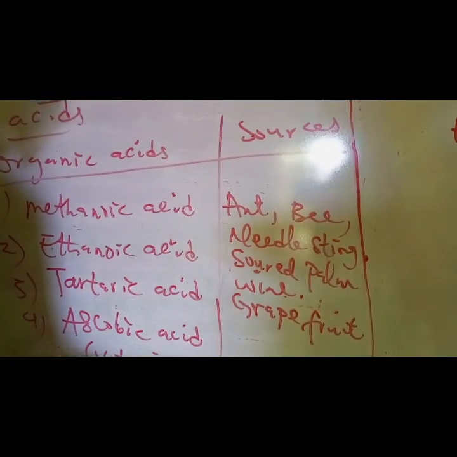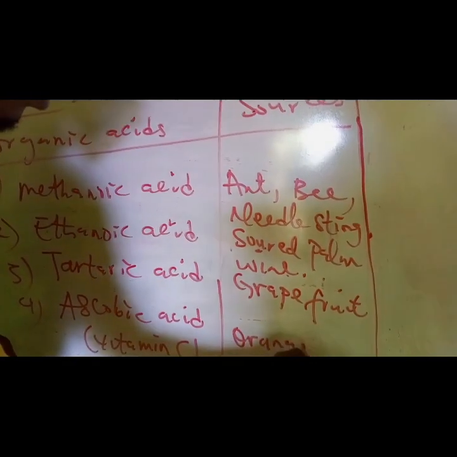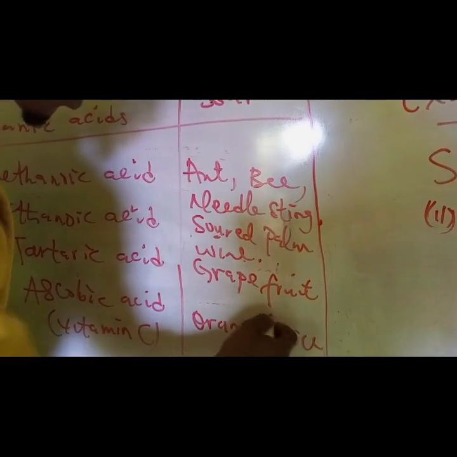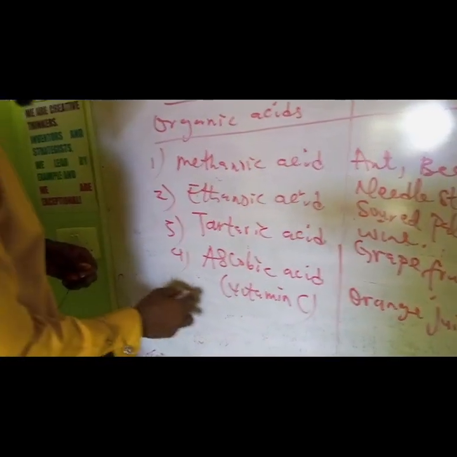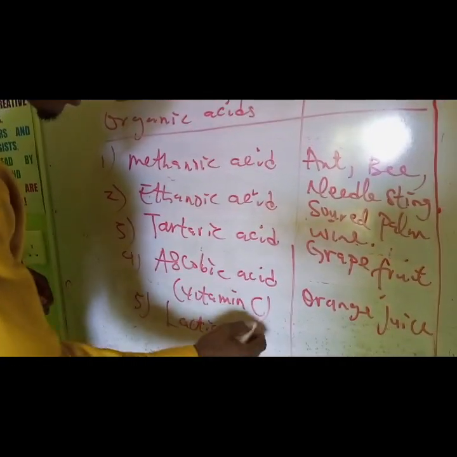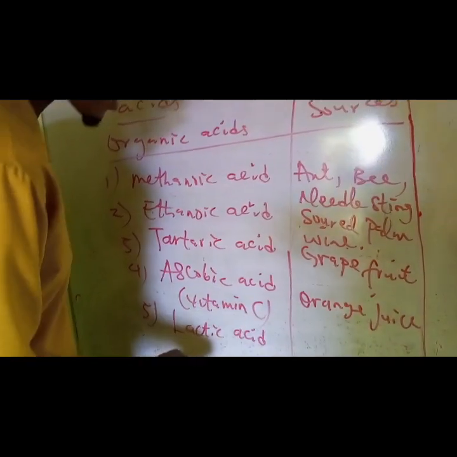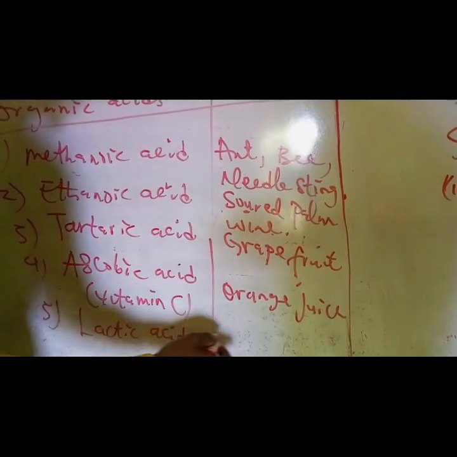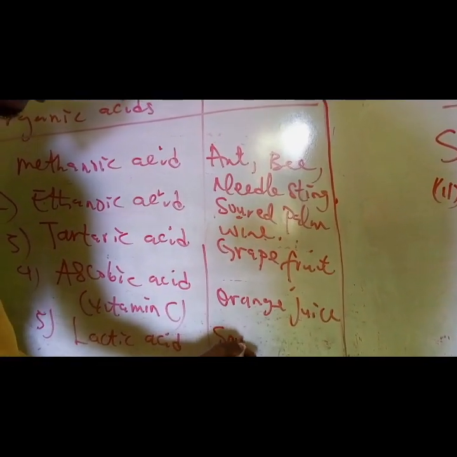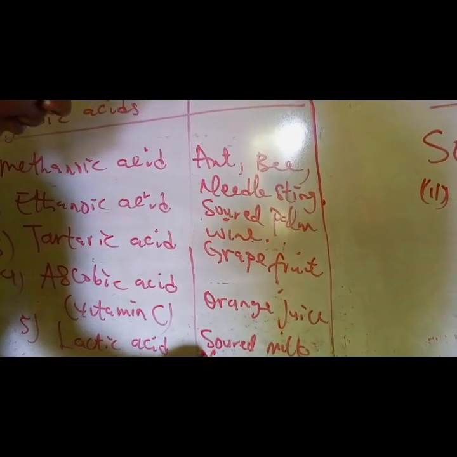And this ascorbic acid is gotten from orange juice. Then we have the lactic acid. An example of a source where we can get our lactic acid is soured milk of mama.